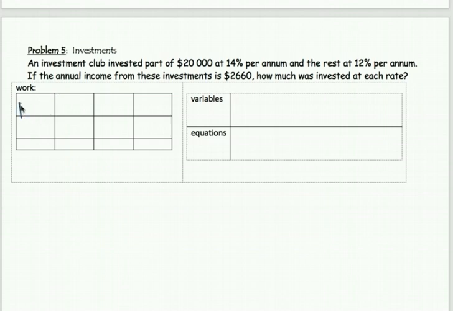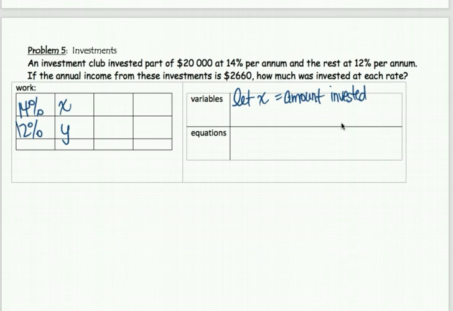So again, we have a 14% and we have a 12% account. So hopefully you feel comfortable about what investments mean now, okay? All right, so we have an x and y to assign here. So x is going to be, again, we are taking some money and putting it into these accounts, right? So amount invested. Invested means to place into the bank or somewhere, and then it makes money for you.